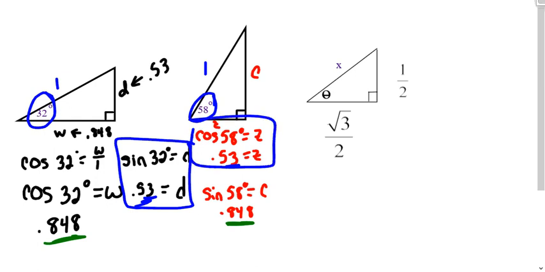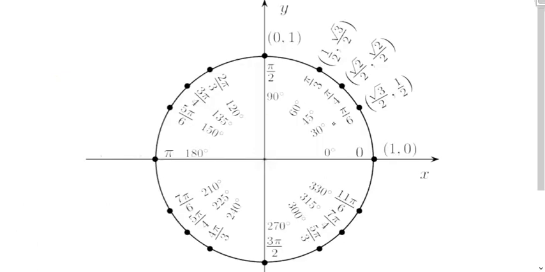When we're looking at complementary angles, sine and cosine switch because I'm looking at the other angle. The same thing happens in the unit circle. The sine of 30 degrees is exactly the same as the cosine of its complementary angle, which is 60 degrees. So those patterns will happen within complementary angles.